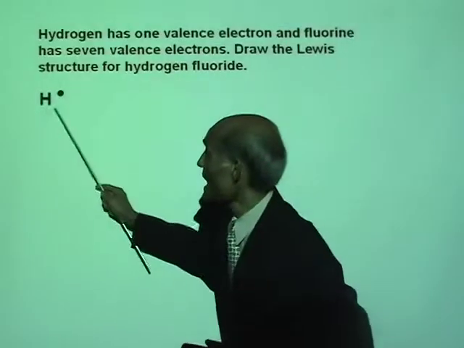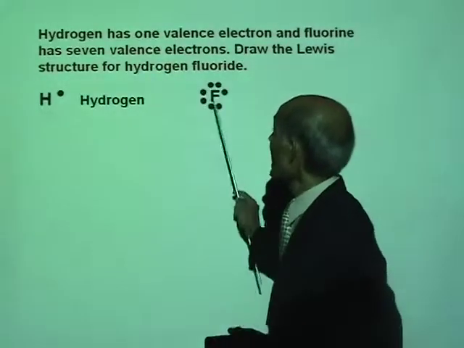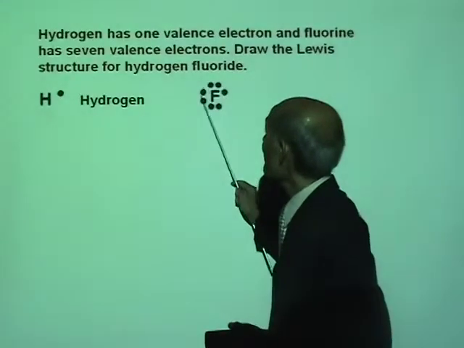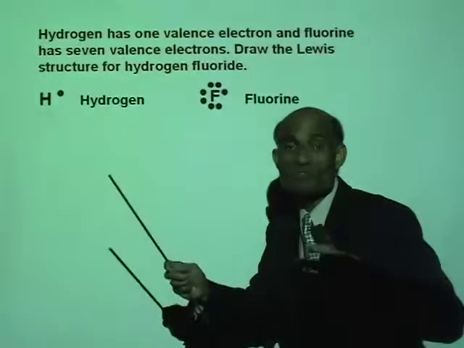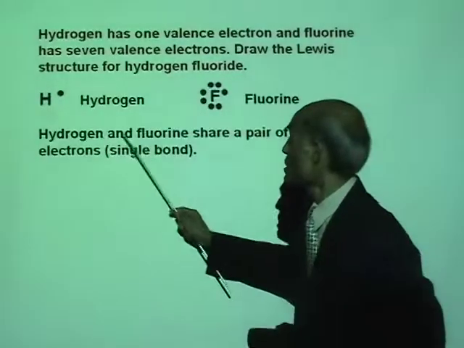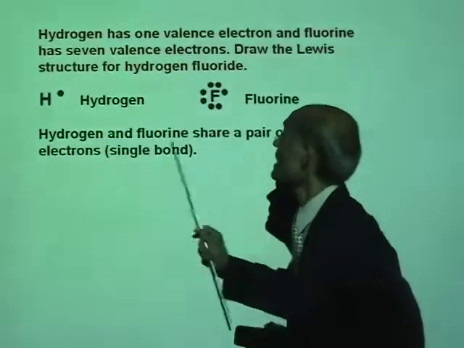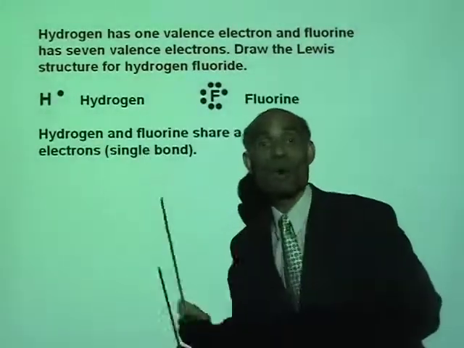Alright, hydrogen has 1 electron and fluorine has 7 electrons. Now they are going to come together to make an arrangement of sharing. Hydrogen and fluorine share a pair of electrons. It will be a single bond.